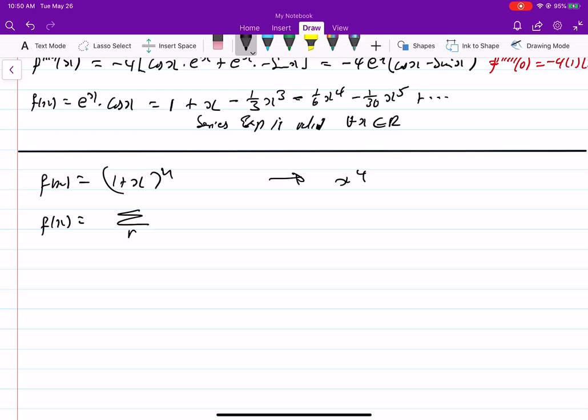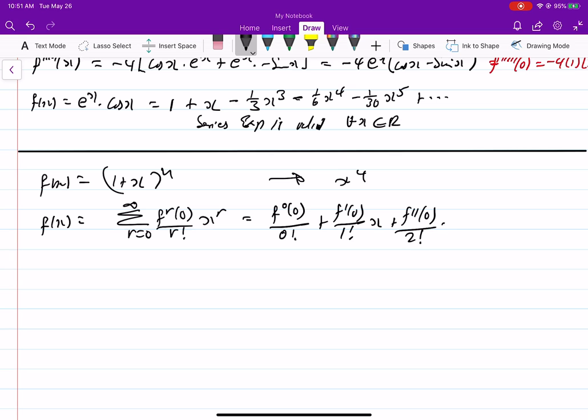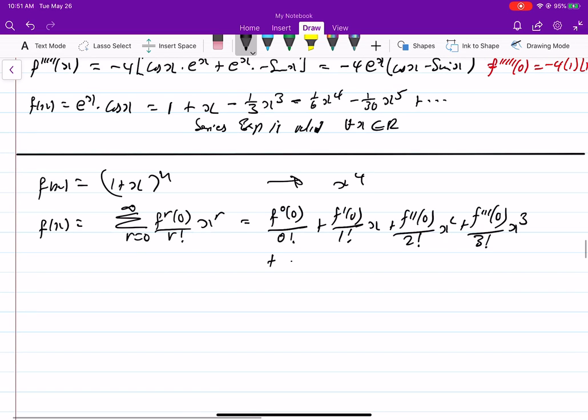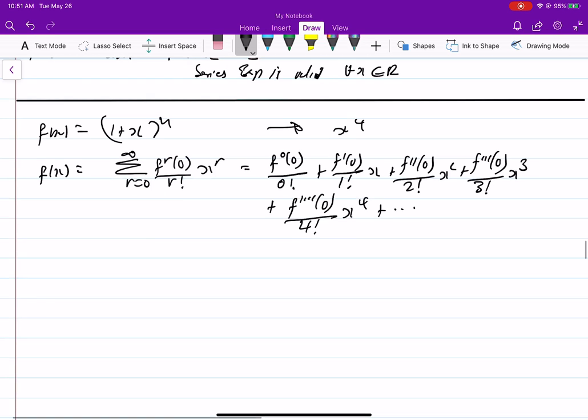It is the sum from r equals 0 to infinity of f^(r) of 0 over r factorial times x to the r, which is f of 0 over 0 factorial, plus f prime of 0 over 1 factorial times x, plus f double prime of 0 over 2 factorial times x squared, plus f triple prime of 0 over 3 factorial times x cubed, plus f quadruple prime of 0 over 4 factorial times x to the fourth, plus the rest.